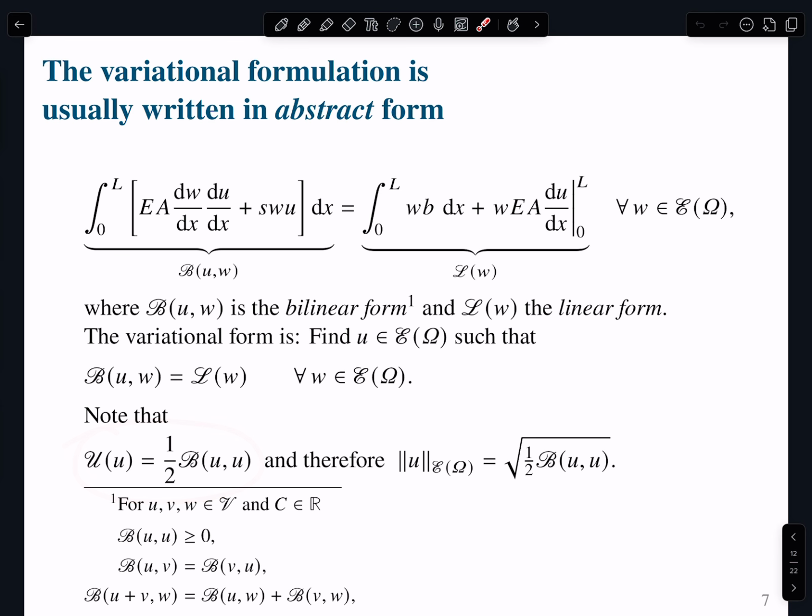So there is a relationship between my strain energy and the bilinear form applied to the same function. In the energy space I can measure a function u, and before we defined that measure with the strain energy. Now I can define that measure using the so-called bilinear form, because there is indeed a relationship between these two.